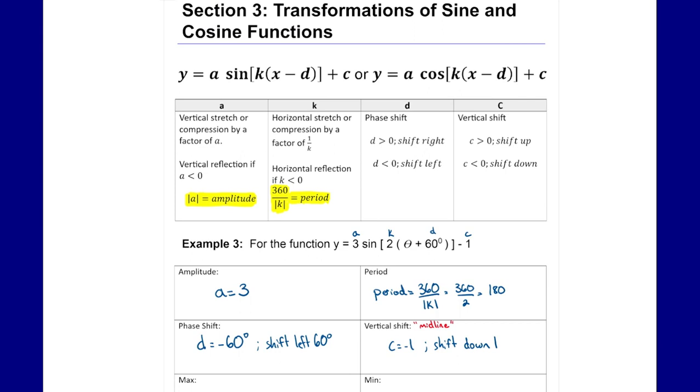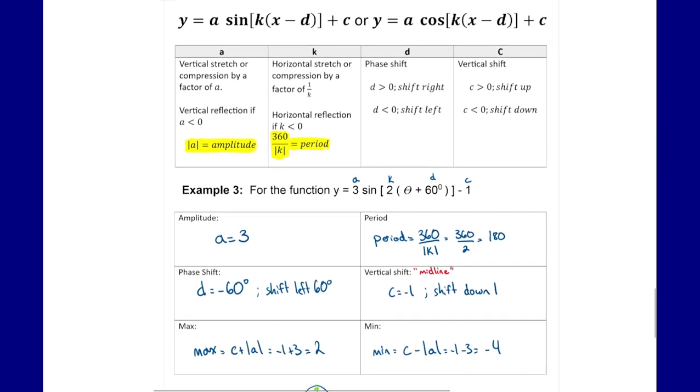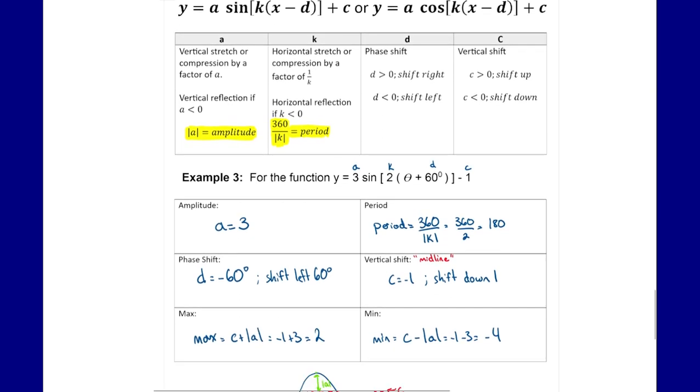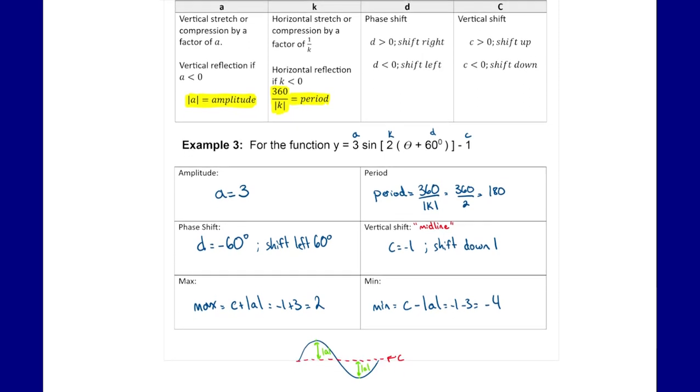They are the same values in terms of the A, K, D, and C. A and K do tell us some specific characteristics of the periodic functions or of the sine or cosine waves. And then we can use that to help us figure out some other properties of those waves, such as the max and min.